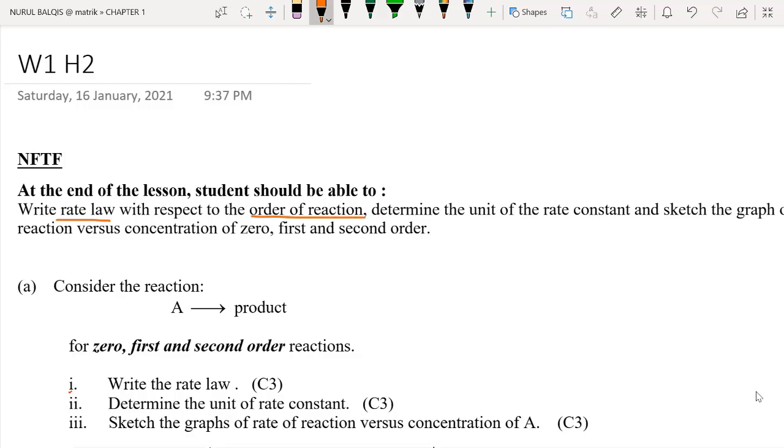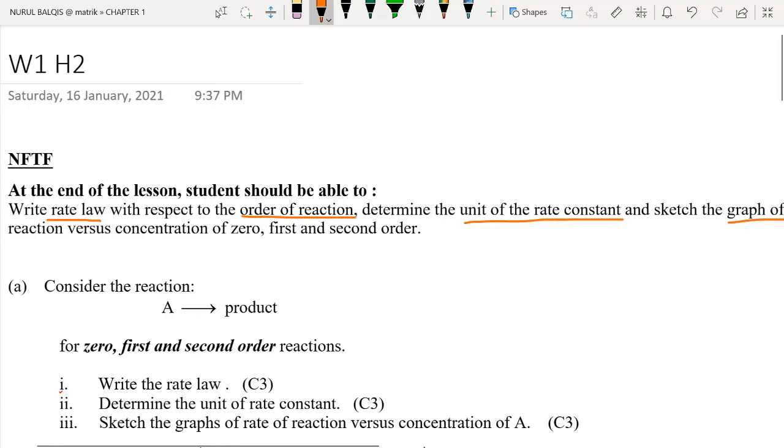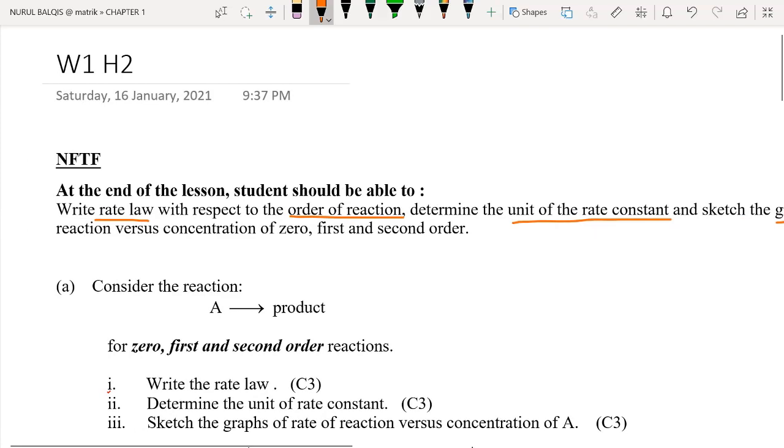And then once you have done the rate law, you need to determine the unit for each of the rate constants respective to the order of reactions. And lastly, you need to sketch the graph of the rate of reactions. So we need to do everything here for 0, first and second order. For your syllabus, we only cover 0, first and second order.